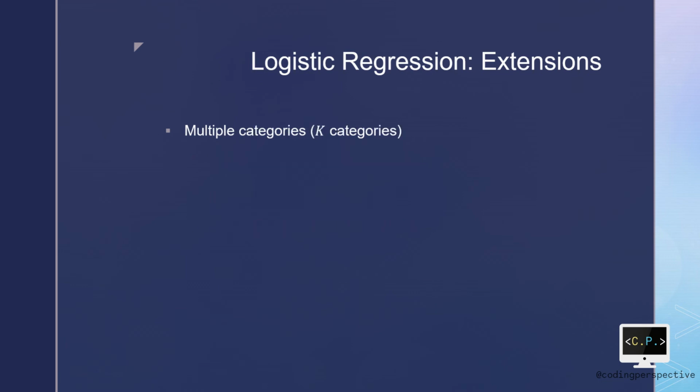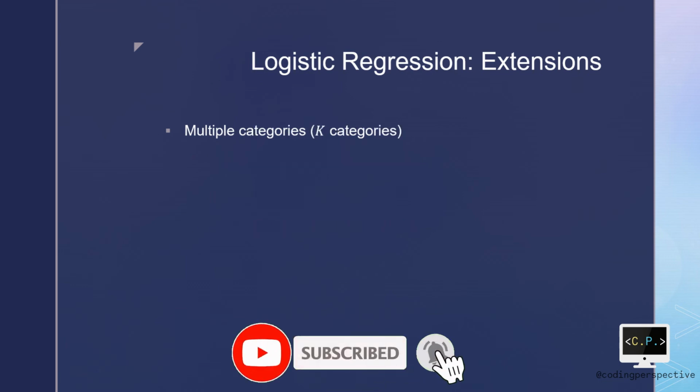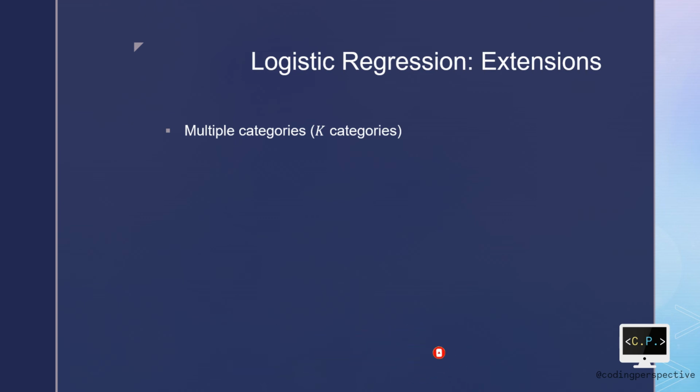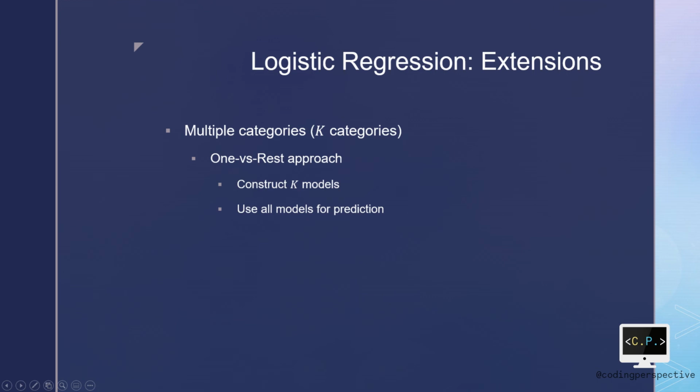Until now, our logistic regression models can only handle binary classification tasks. However, there are also tasks where you need to handle multiple classes. For those cases, we can extend the logistic regression model in multiple ways. Suppose that the response variable y has k different categories.